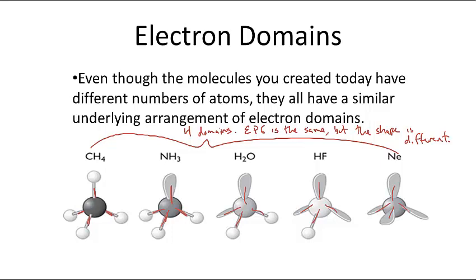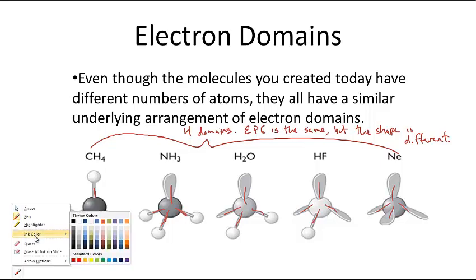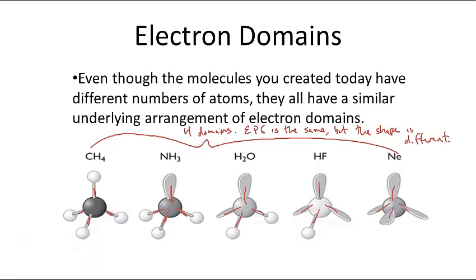But now, if you look at the shape of methane, well, you're no longer talking about this lone pair, but that lone pair is still pushing. So you see how methane and ammonia have a different shape. With water, it's the same thing. Those lone pairs are still pushing, but they're quote-unquote invisible. So instead of being a straight line, water is bent.